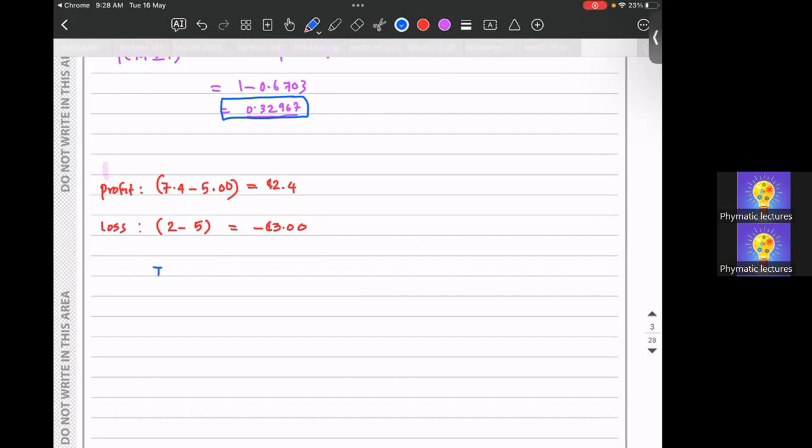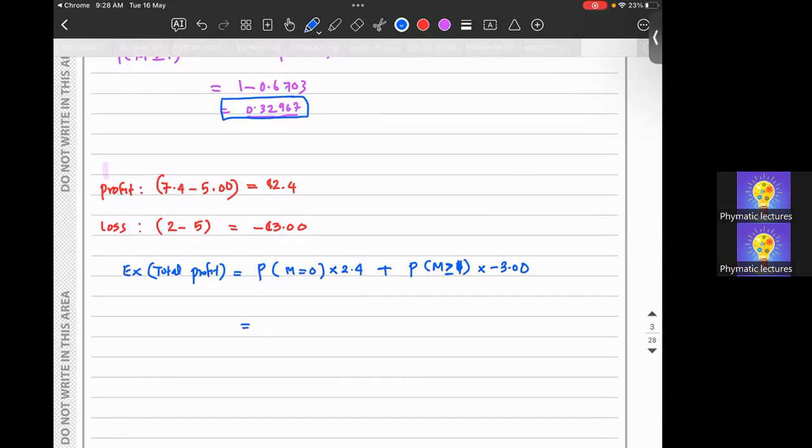Therefore, the expected total profit is the probability of M equal to 0, that means 0 faults, multiplied by that profit, plus the probability of M greater than or equal to 1, as we mentioned, multiplied by minus 3.